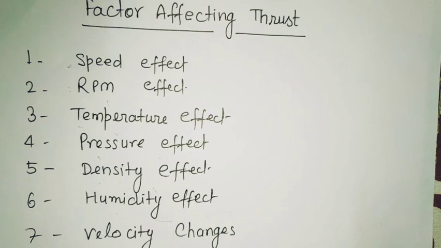Whether the airplane speed is subsonic or supersonic, the air velocity is slowed down at the duct. So that is the effect of velocity on a jet engine. So these are the factors which affect the thrust of a jet engine.